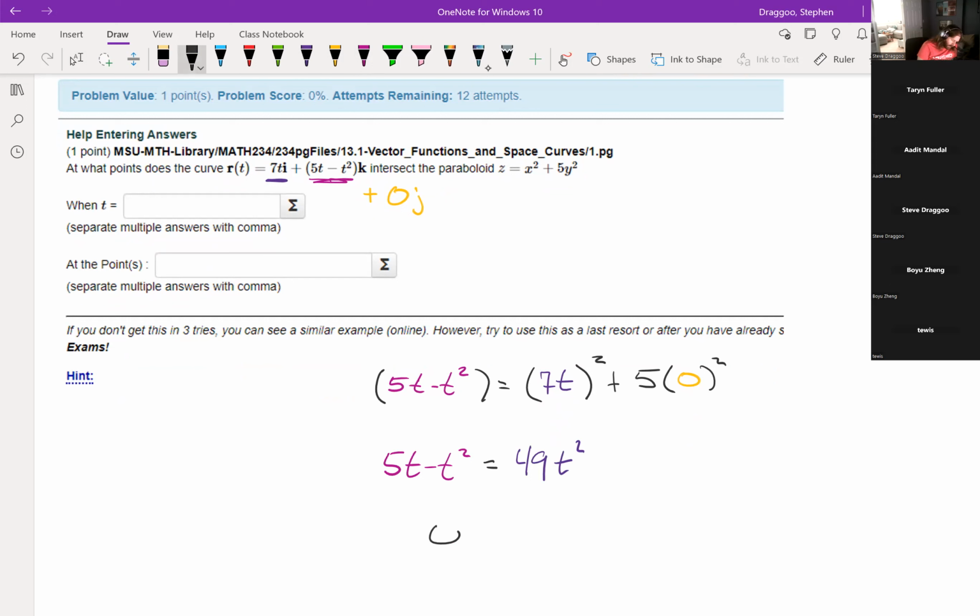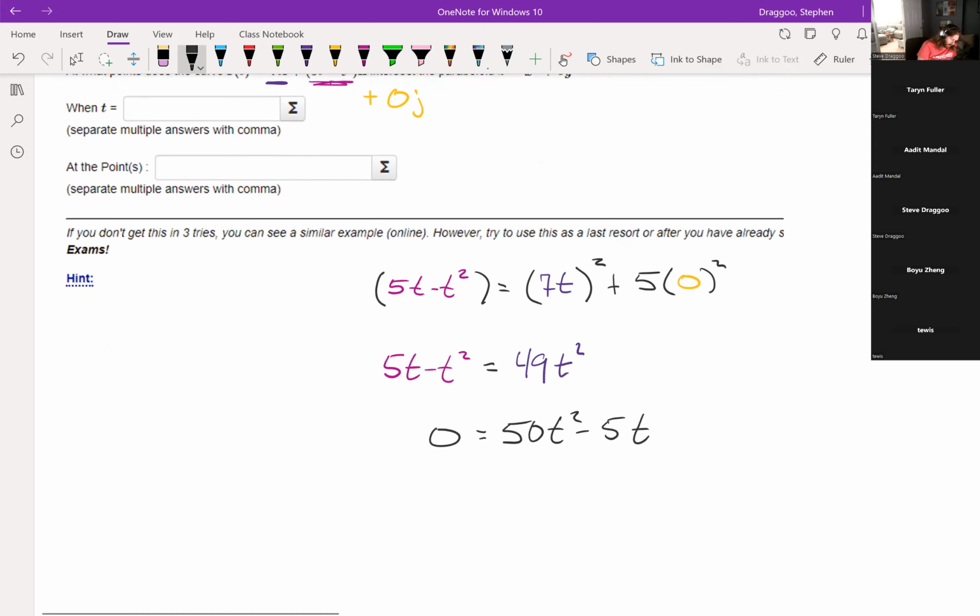Solving that thing for t means I want to get all my t's on one side. 50t squared minus 5t. Solving a quadratic equation, I'll factor out what I can. I don't actually need the quadratic formula here because there's no constant term. So factoring will work just as well for us. Pull out a 5t, leaving 10t minus 1.